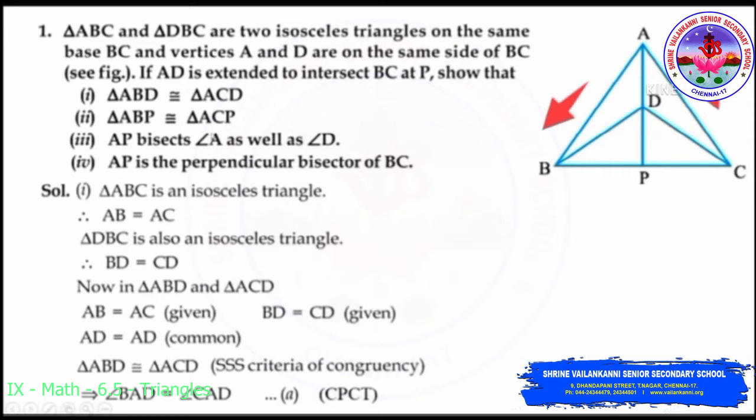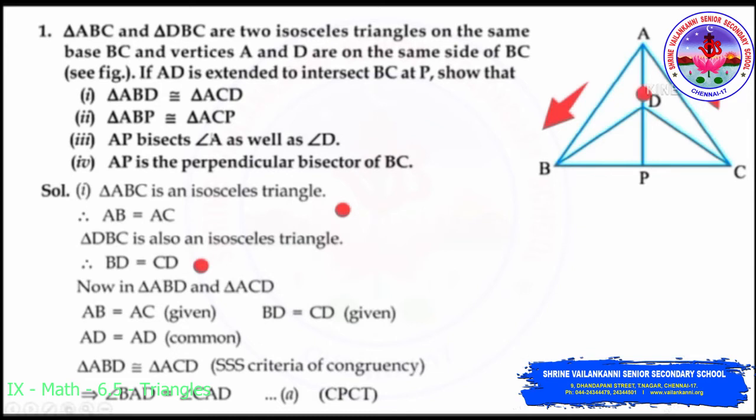We know that triangle ABC is an isosceles triangle, so AB is equal to AC, and similarly DBC is an isosceles triangle, so I got DB is equal to CD, where these two sides AB, AC and BD, CD are involved in the triangles ABD and ACD, and we find that the AD side is common to both the triangles.